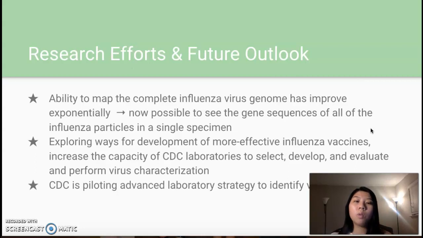And it still has to improve exponentially, but they are optimistic. And then exploring new ways of development for more effective influenza vaccines, increasing the capacity of the CDC laboratories to select, develop, evaluate, and perform virus characterizations. And then the CDC is also piloting advanced strategies to identify viruses.